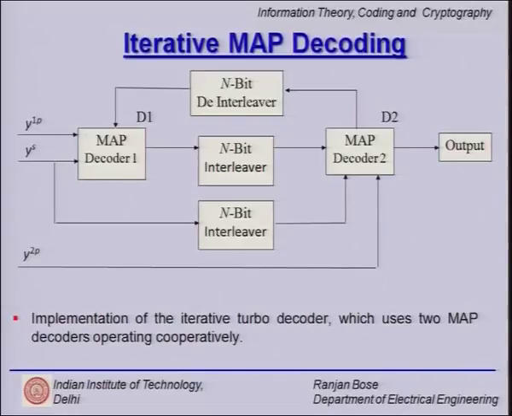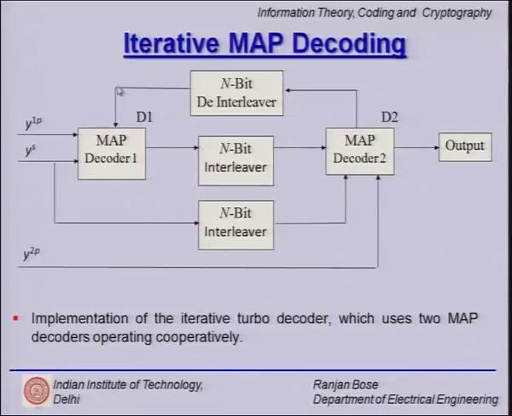Now, we look at the second decoding algorithm. I will give you a hint as to how it is done. This is called the iterative MAP decoding. It is different from the BCJR algorithm that we studied before, and here let us look at the methodology. You have these 3 inputs coming in, and we have MAP decoder 1. Then we have an interleaver feeding into MAP decoder 2.